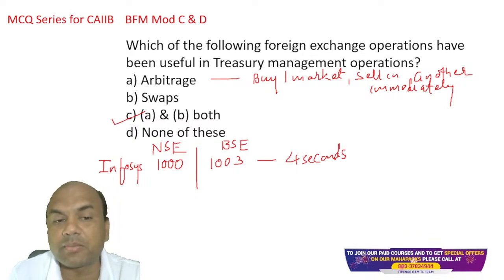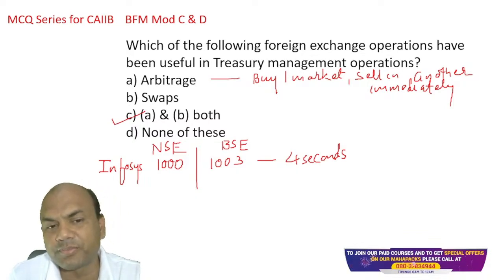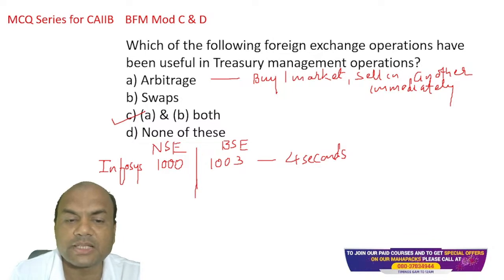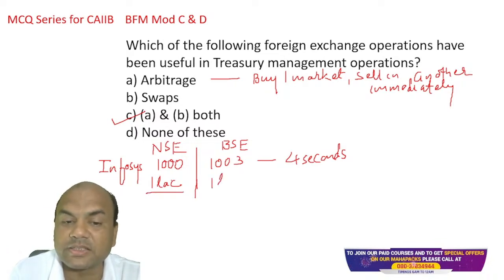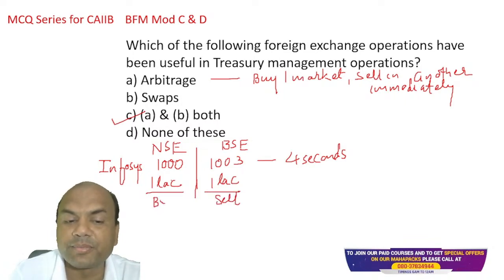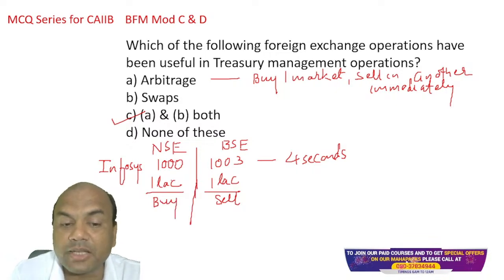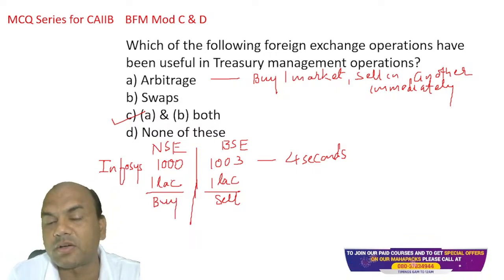Now, if I am the arbitrage person, what will I do? I'll buy 1 lakh shares of Infosys at NSE right now, and I'll sell 1 lakh shares at BSE right now. In hardly 4 seconds I do all these jobs.